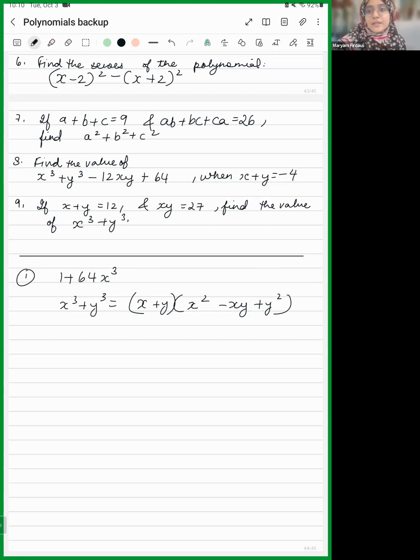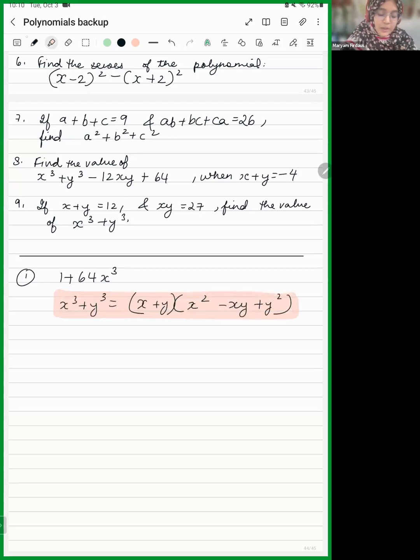We've done it in the previous exercise. At that time only I told you this is a very important identity. If you have not highlighted it, kindly do so now.